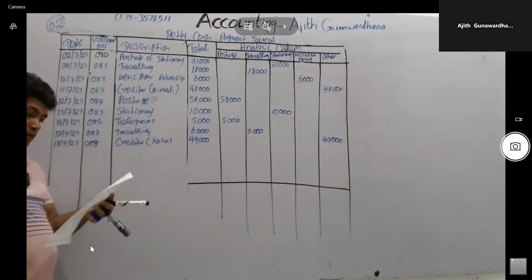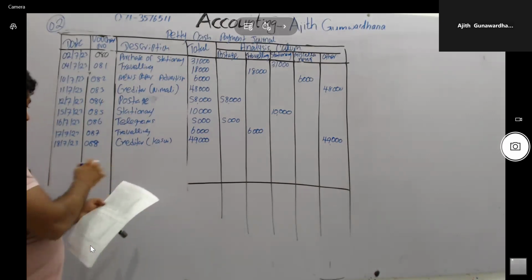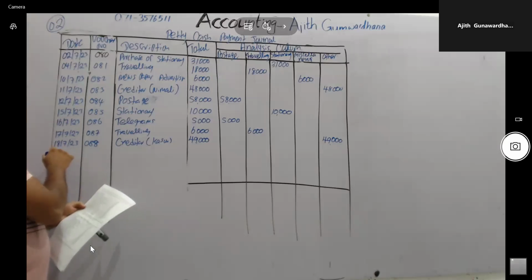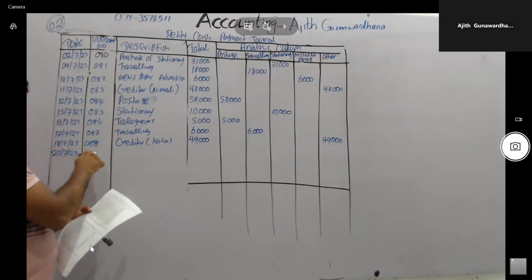And register post charges are given, also part of postage. Small amounts of expense paid in cash should be recorded here. 089.